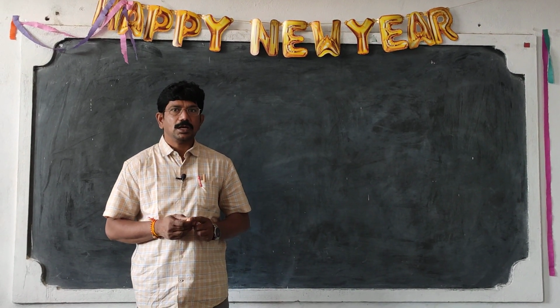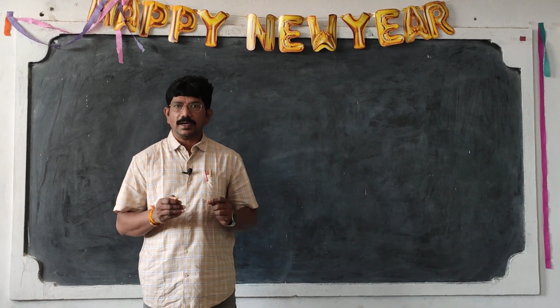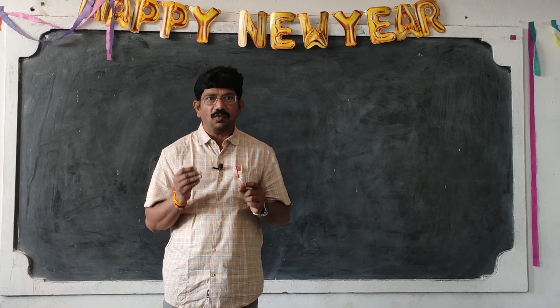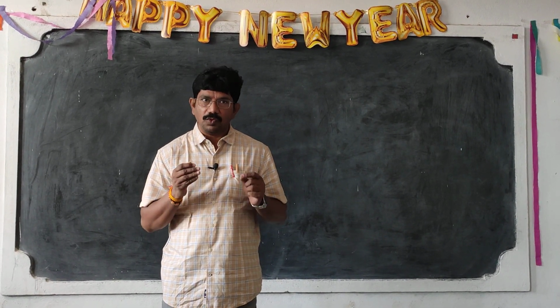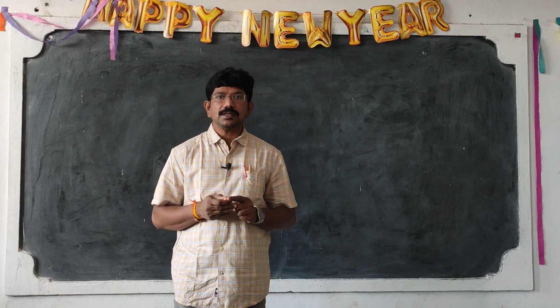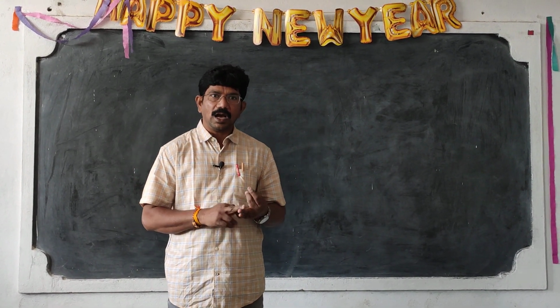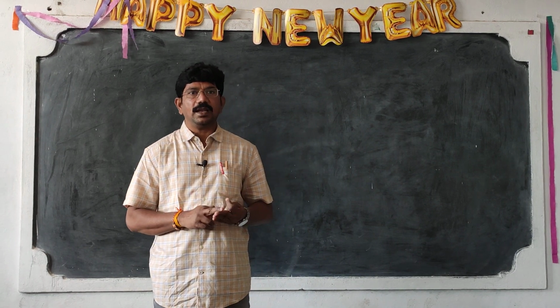In this session, we will learn what is electric power, what is wattage, and what is overloading. In our previous class, we studied Kirchhoff's current law and Kirchhoff's voltage law, that is KCL and KVL.